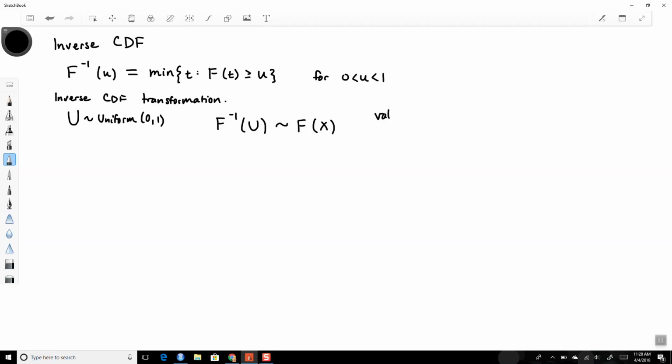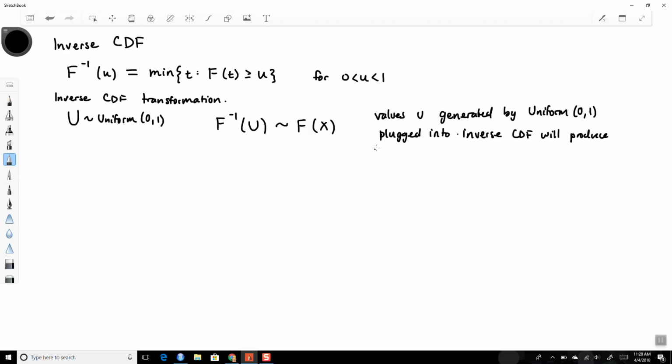So values u generated by uniform 0, 1, plugged into the inverse CDF will produce values that come from the distribution of x.